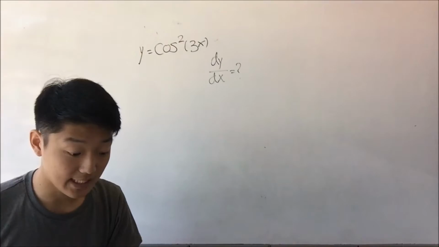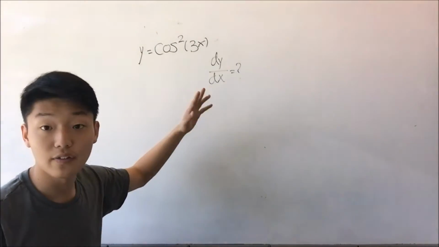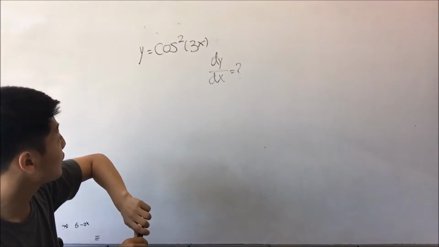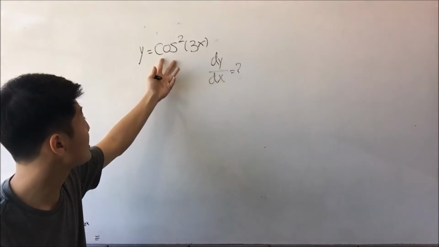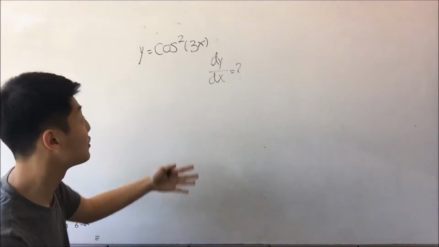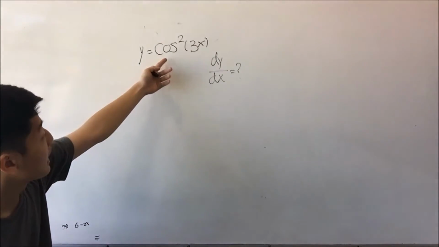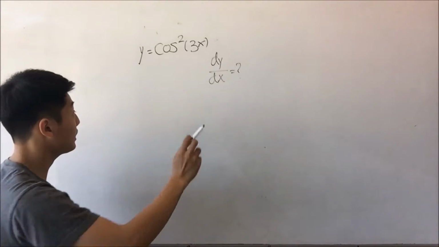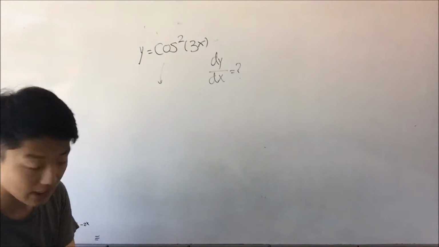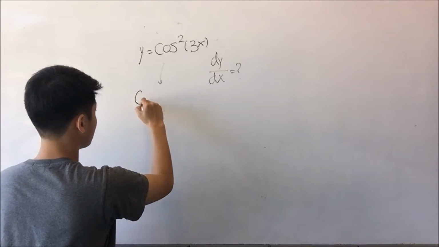So what is dy/dx? dy/dx is the function of the slope for the original graph y equals. That means we have to differentiate this function to get the answer. So let's differentiate this. By looking at this, many students get confused. So let's look at it in a simpler way.